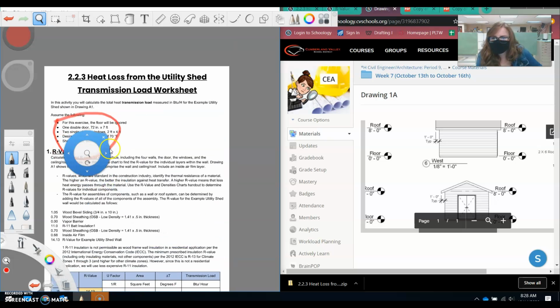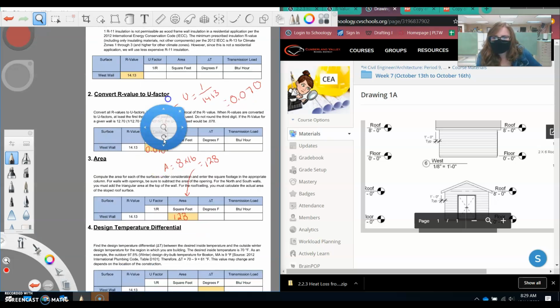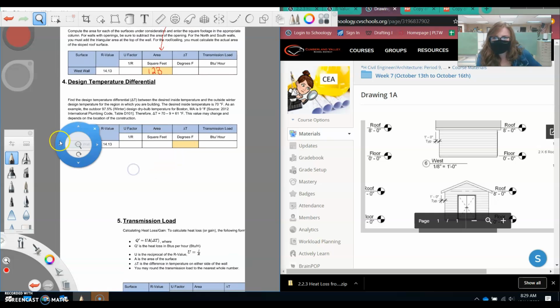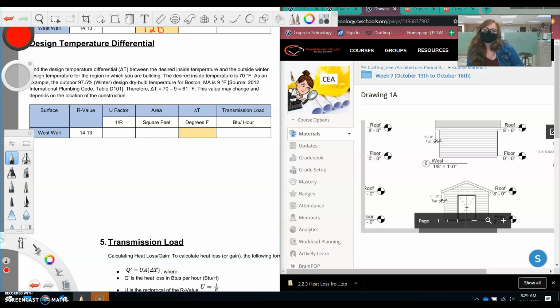Our desired inside temperature is 70 degrees, and then we would use that chart to find the outside temperature of Boston, Massachusetts in the winter. But they give it to us. The outside temperature of Boston in the winter is 9 degrees Fahrenheit. So we take 70 minus 9 degrees, and that equals 61. So we have 61.